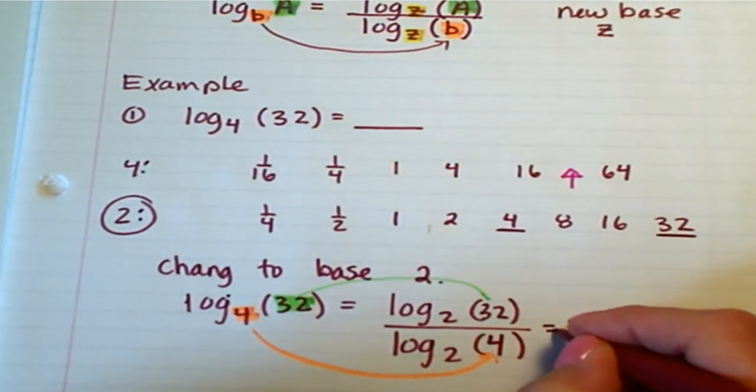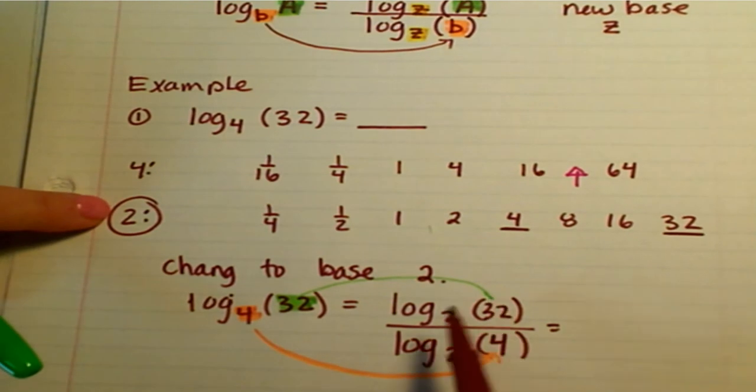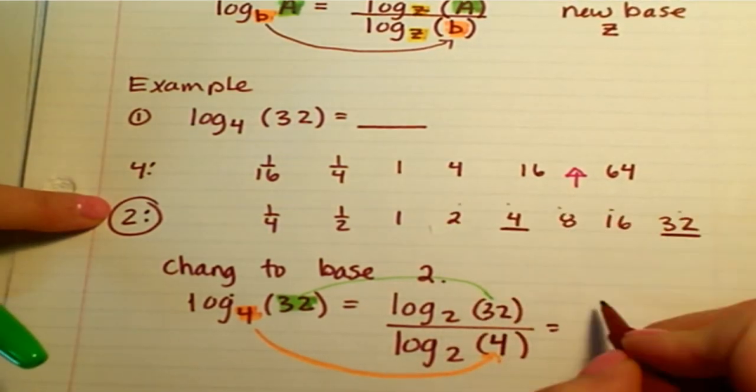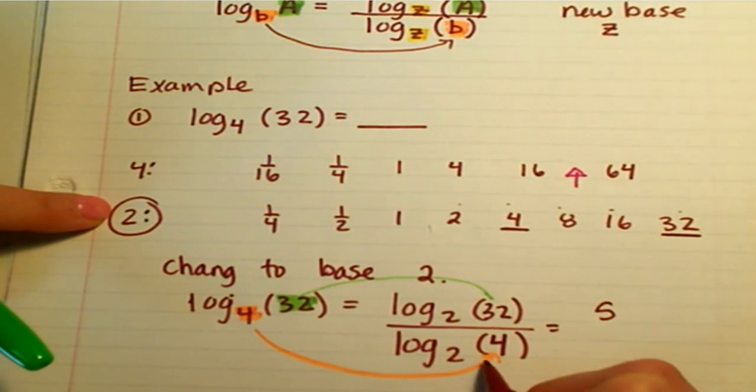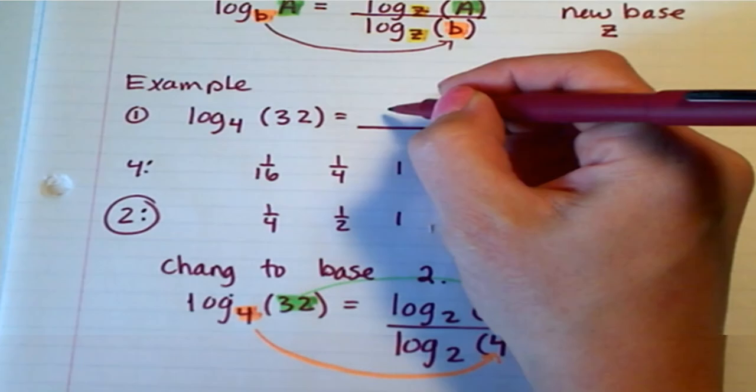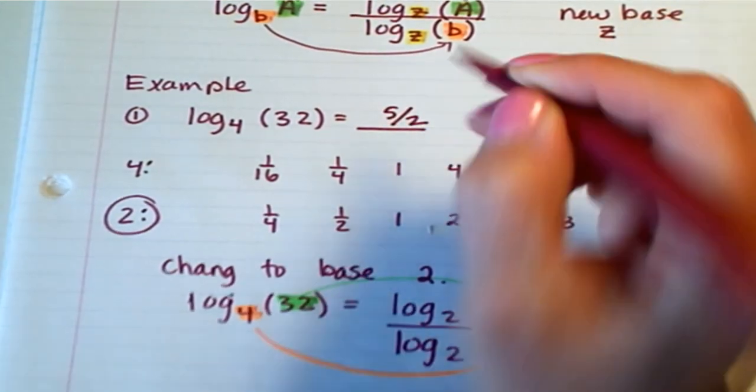All right, what do we get? Well, there's my little chart. So 32 is 1, 2, 3, 4, 5. Okay, and the 4 is 1, 2. All right, so this equals 5 over 2.